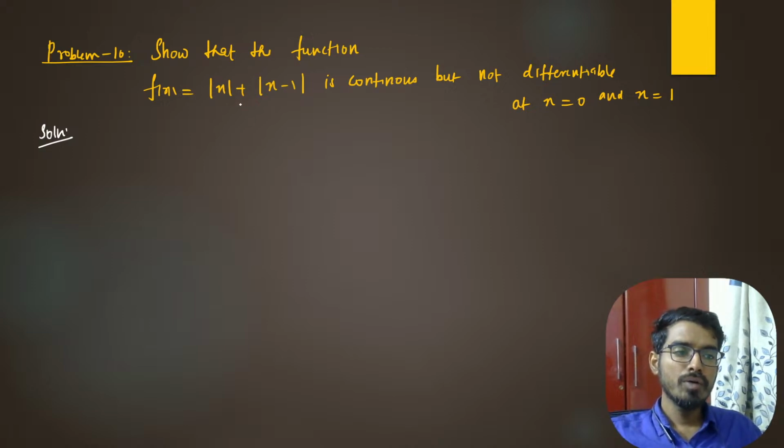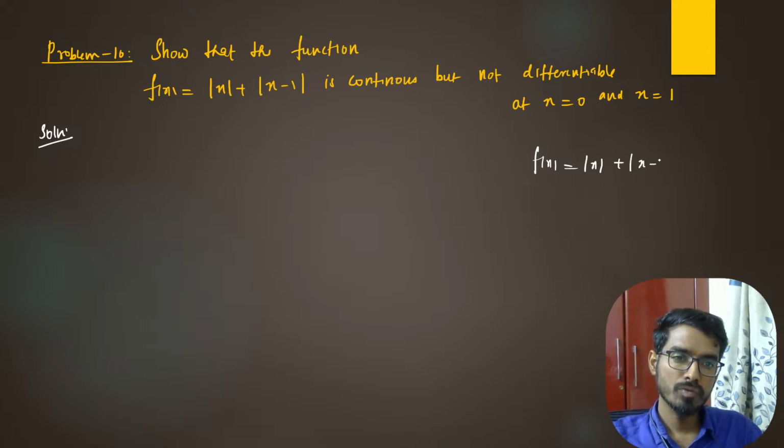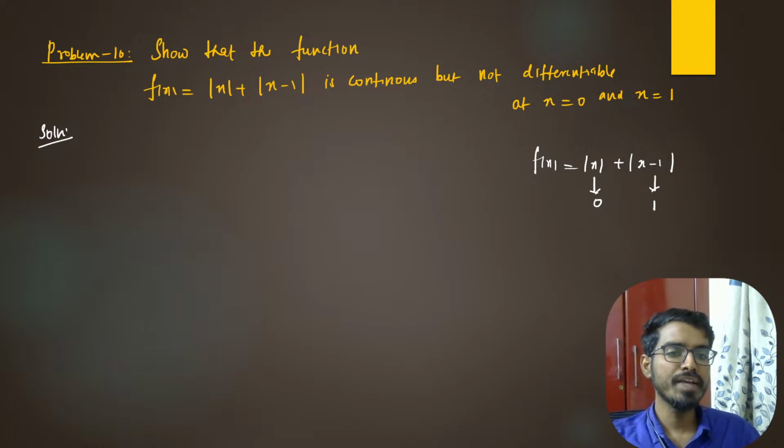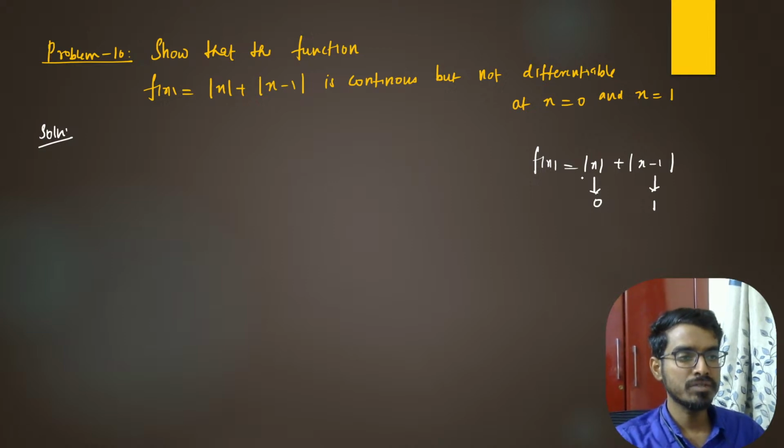See, first you have to redefine this function. How to redefine the function is very simple. You have a function f of x is equal to mod x plus mod x minus 1. What is the zero for this? It is 0. What is the zero for this? It is 1. You just see for what x this will be 0.